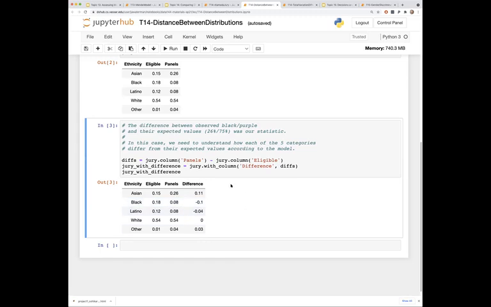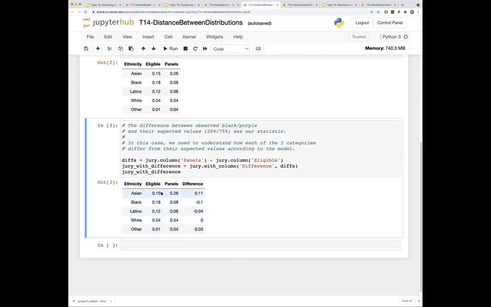Well, one thing we can do is take the sum of all the differences. But it turns out that would not work in this case. And why is that? If we look at the sum, you'll see that the sum of the differences is always going to turn out to be 0. Why?